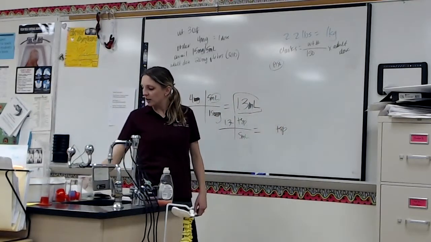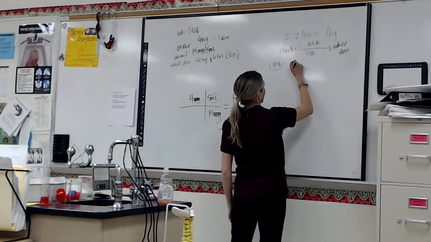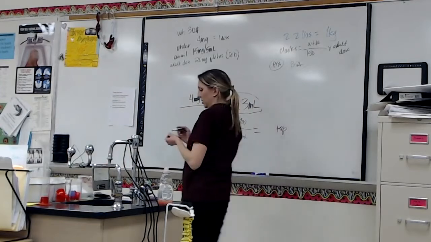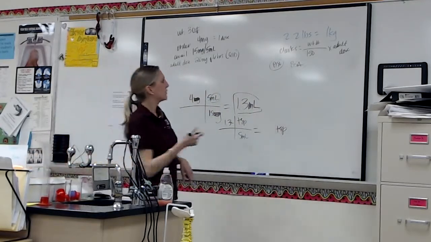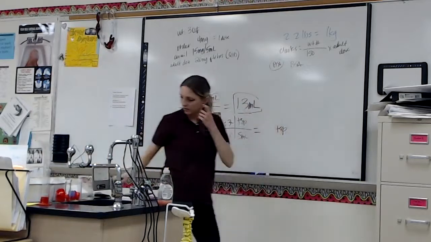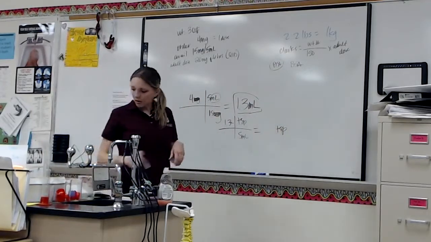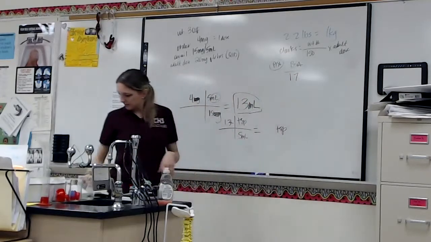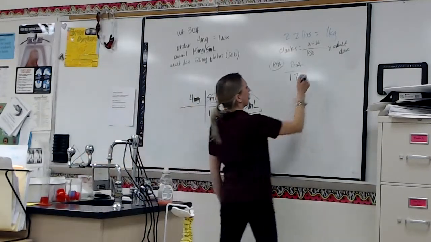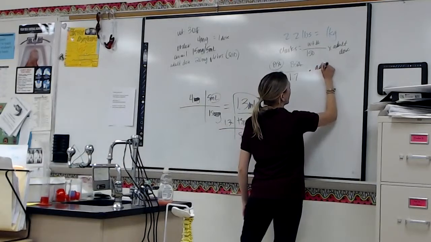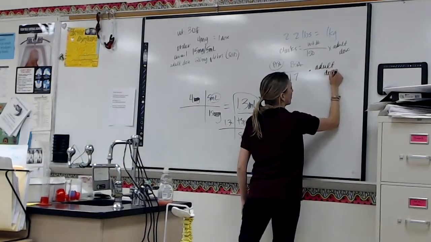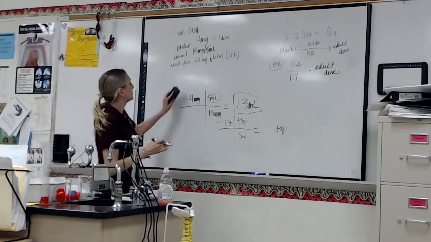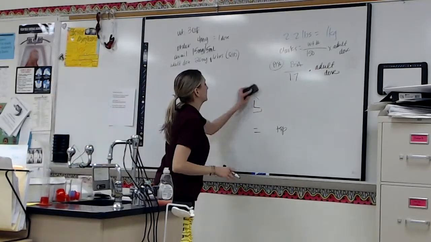The desired dose is the body surface area divided by 1.7, times the adult dose. Okay, so that's how we figure this one out. That's the formula whenever we're using body surface area.